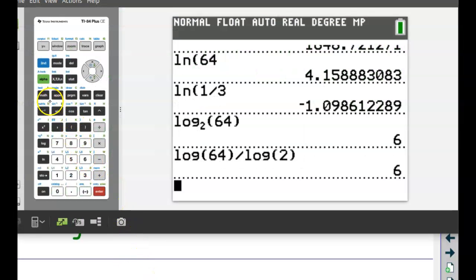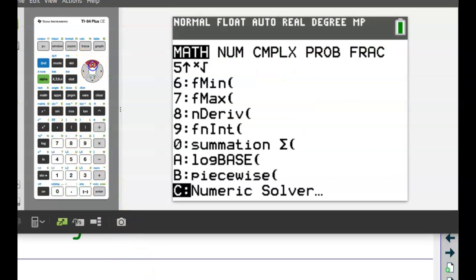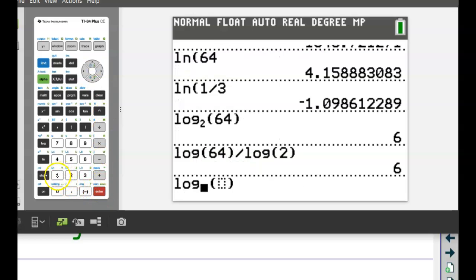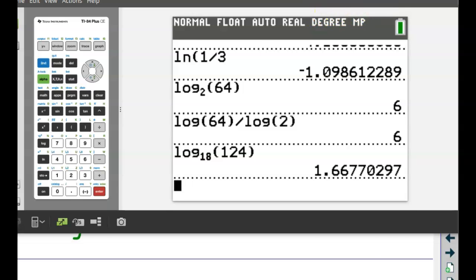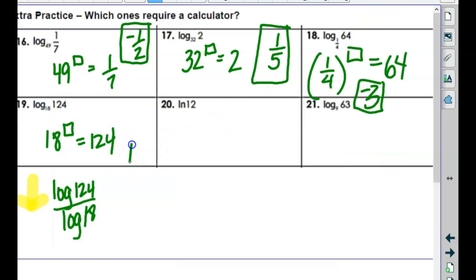So you go math, arrow up to log base, and the base is 18, and the number is 124, and we wind up with 1.6677, I don't know. Anyway, something like that. Did someone else get that?